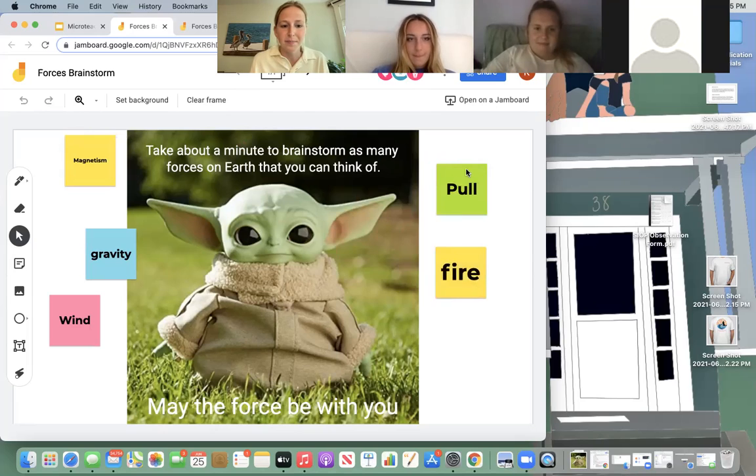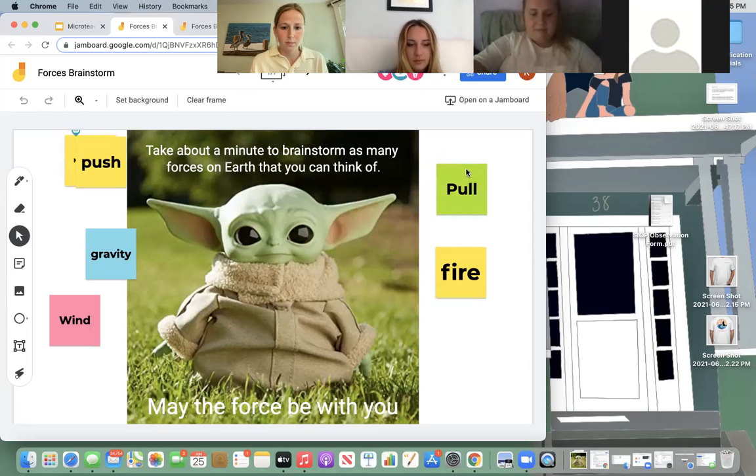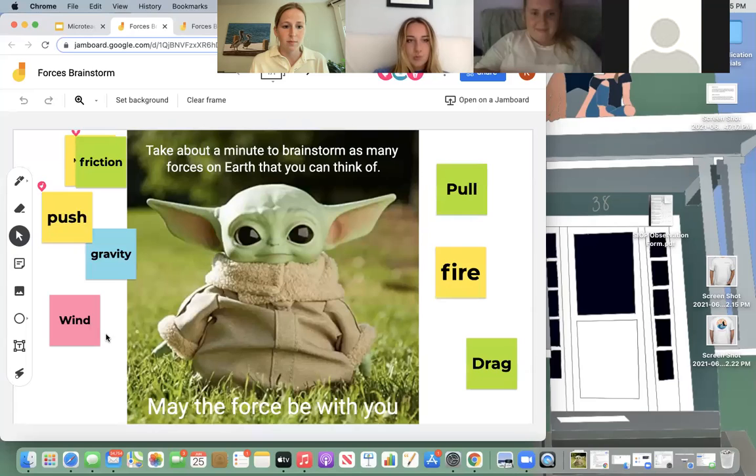Pull. I like that one. Good. These are awesome. Motion.